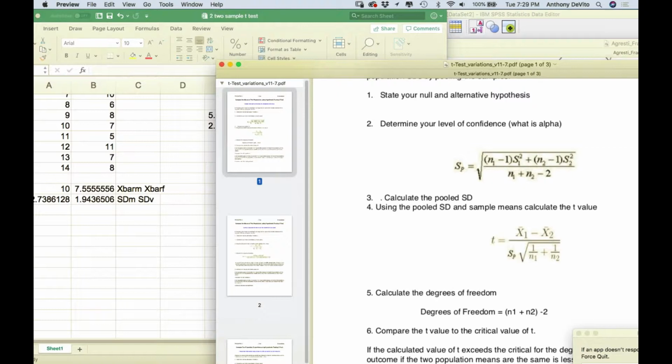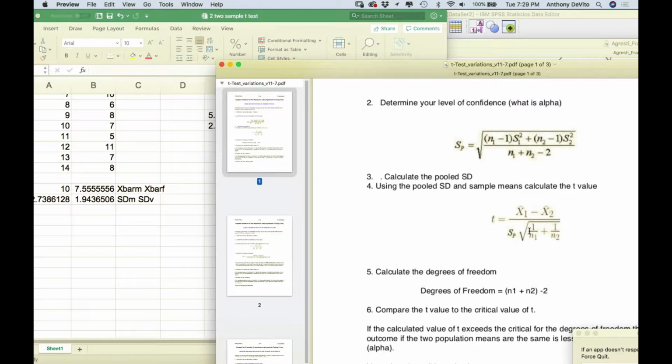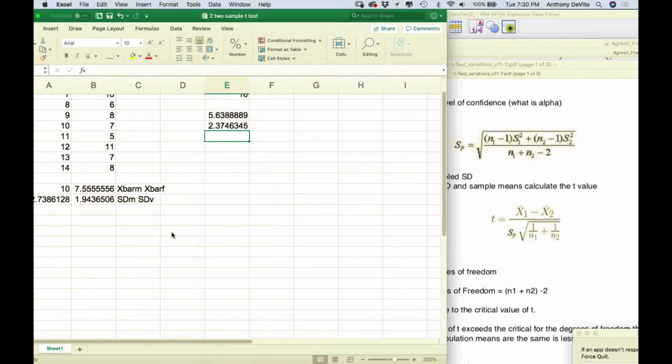Well, now I do my t-test. And here's my t-test. I take x bar 1 minus x bar 2, same as always, and divide it by the standard error. The standard error in this case is the pooled standard deviation times the square root of 1 over n1 plus 1 over n2. Okay, good. Let's do that.